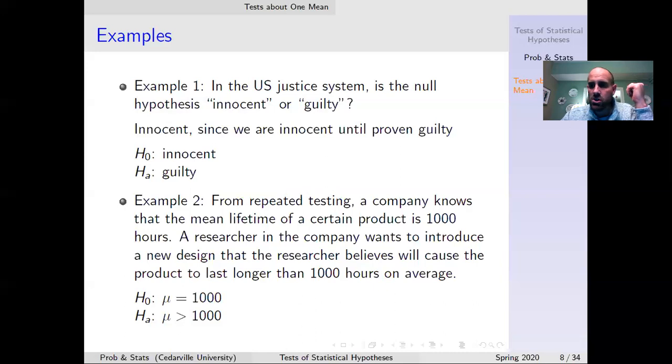So what would the null hypothesis be? Well, the null hypothesis would be that nothing changes, okay? Like in this example, you kind of believe that the mean has increased. So here, what you believe is the alternative hypothesis, namely that the population mean mu, the new mean mu under this new design, is bigger than 1,000. But the null hypothesis always has equals in it. So you set up the null as mu equal to 1,000.